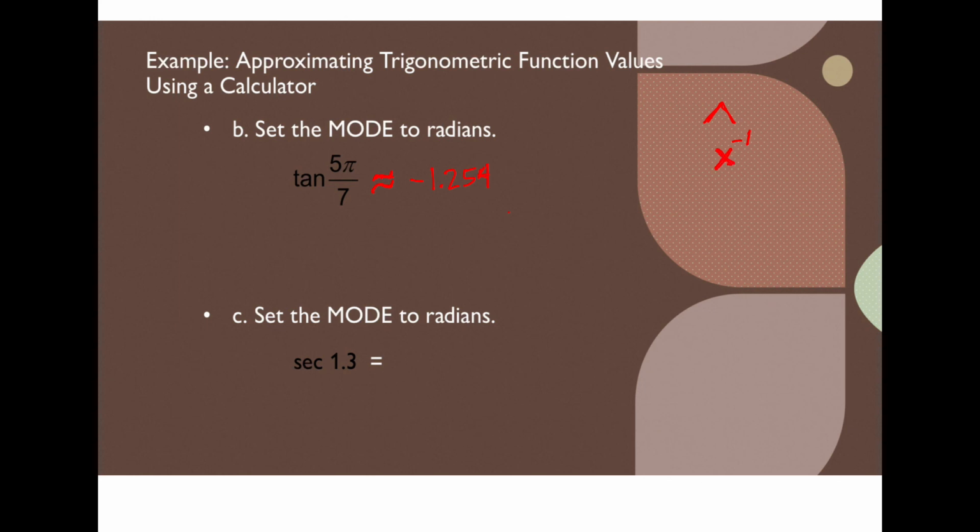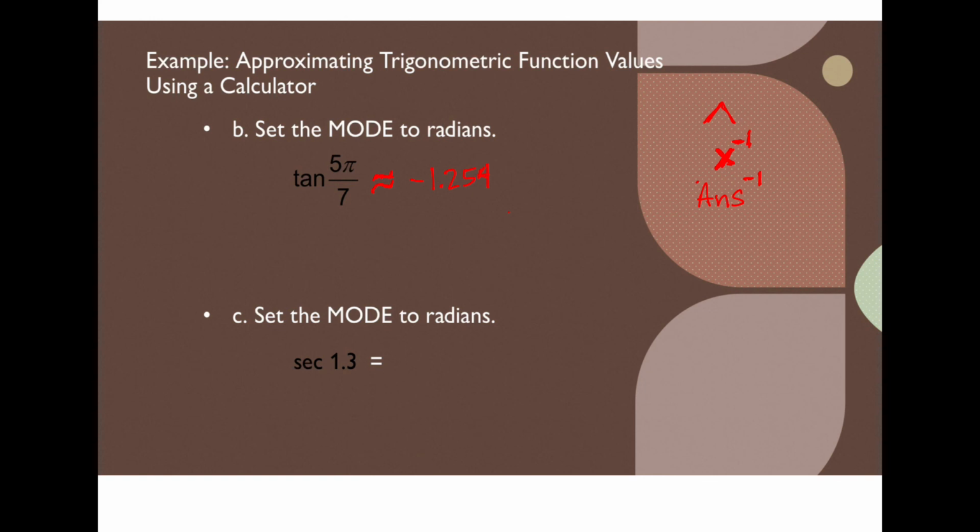This is a number raised to the minus 1, which flips it, basically. So if I just hit that button, it automatically will write ANS to the negative 1, meaning the reciprocal of that answer. If we hit enter, we get the actual value here, because remember that secant is the reciprocal of cosine.